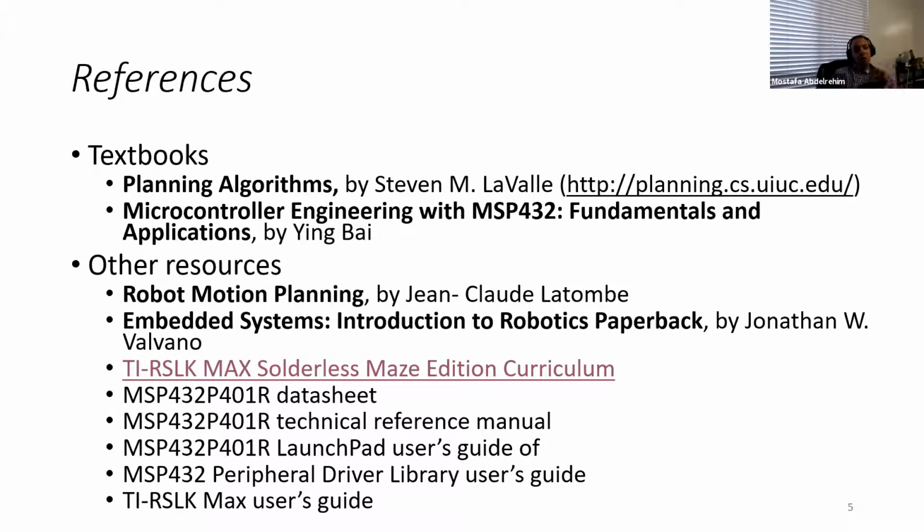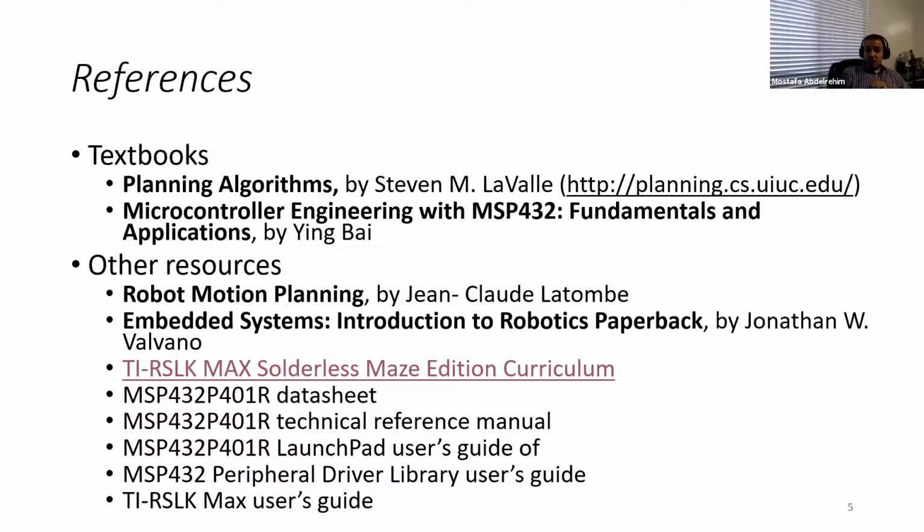you should know the basics of, or you should read or be familiar with the name of the processor. The processor on the robot that you will take is called MSP432. It's a family of processors, but basically they have, you know, some basic functionality. So the book of Ying Bai, the second book in here, Microcontroller Engineering with MSP432, is your textbook or reference for that part.